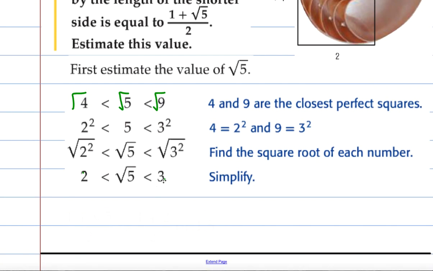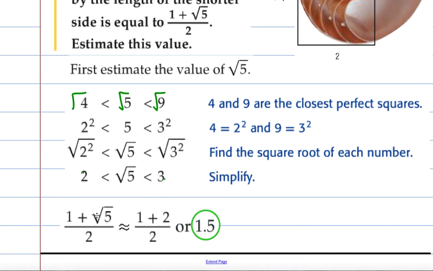But we're not done. If we estimate it, it's closer to 2, because 4 is closer to 5 than 9 is. Notice how we said approximately, because it's not exact since we rounded. It's approximately 1 plus 2 over 2, which is 3 over 2, which is 1 1/2.